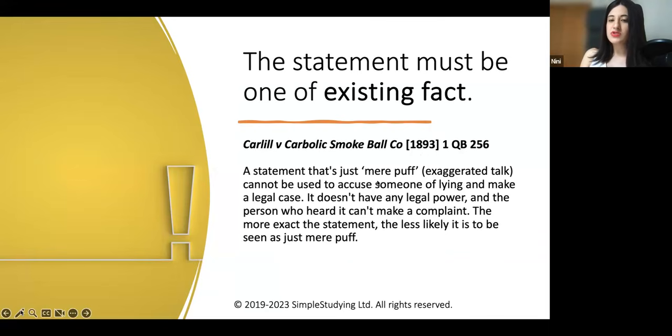A statement that's just mere puff, which can be translated as exaggerated talk, cannot be used to accuse someone of lying and make a legal case. It doesn't have any legal power, and the person who heard it can't make a complaint. The more exact the statement, the less likely it is to be seen just as a mere puff. So if the sales representative just exaggerated something, that cannot be a basis for a misrepresentation claim.